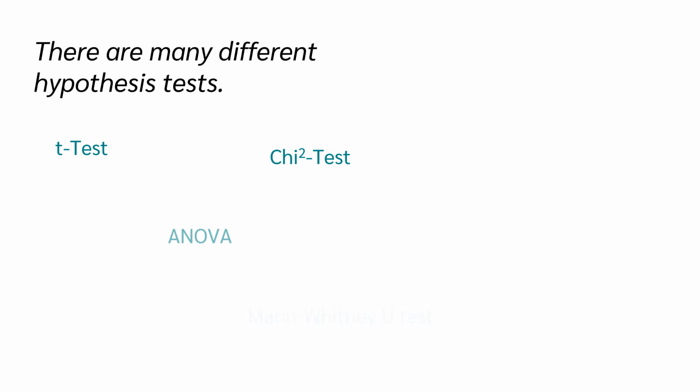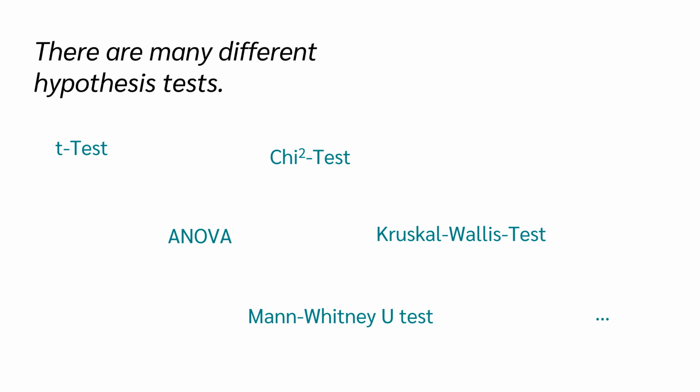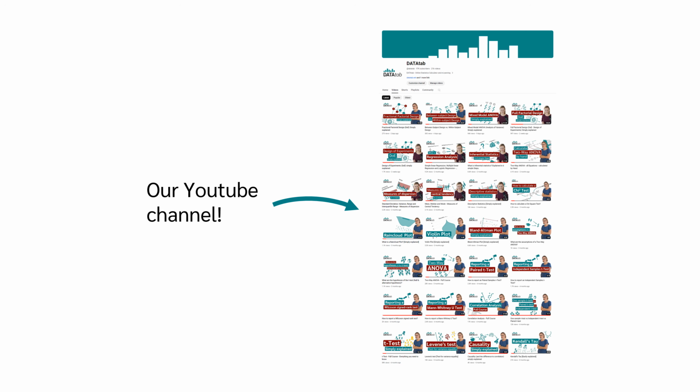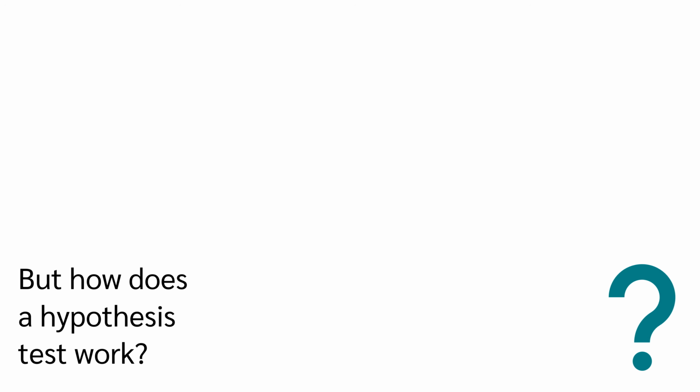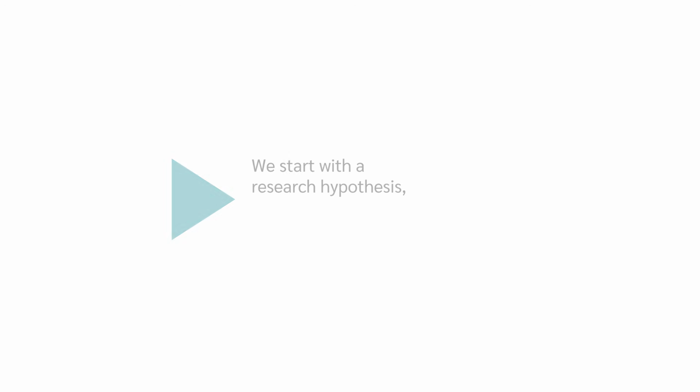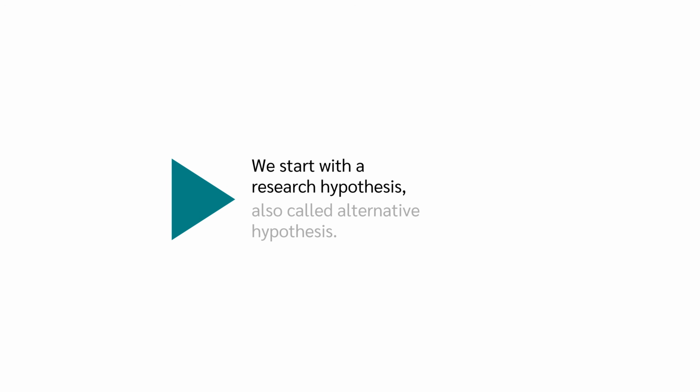There are many different hypothesis tests. And at the end of this video I will give you a guide on how to find the right test. And of course, you can find videos about many more hypothesis tests on our channel. But how does a hypothesis test work? When we conduct a hypothesis test, we start with a research hypothesis, also called alternative hypothesis.